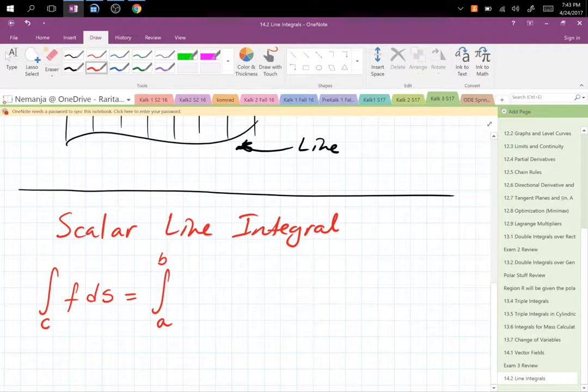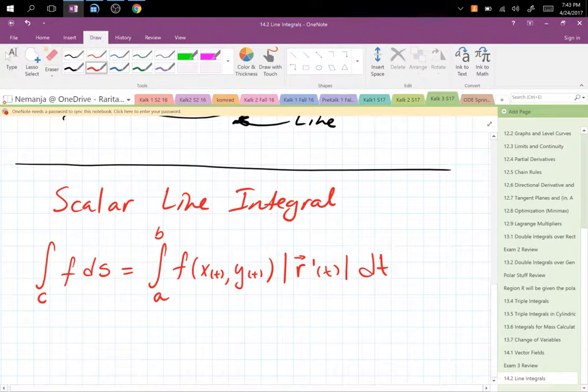We're going to have a to b, and then our function f will be parametricized in respect to t, and we will multiply this by the magnitude of the vector r prime, and then dt. Now we know that this piece here is your good old magnitude, which is the x prime of t plus y prime of t.